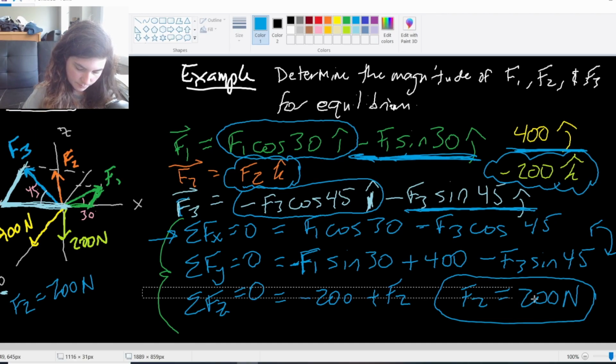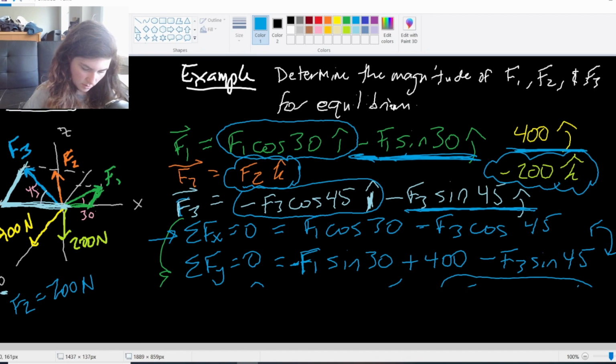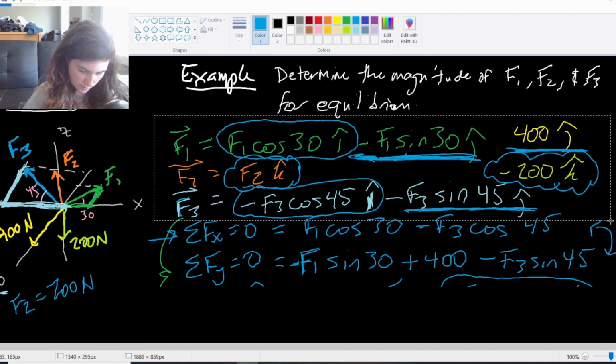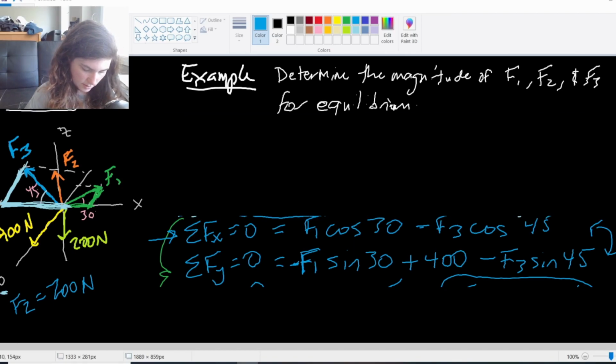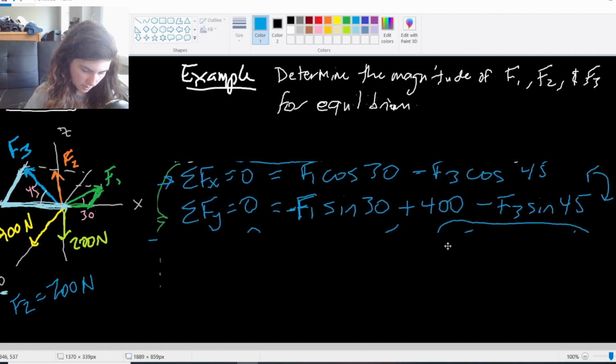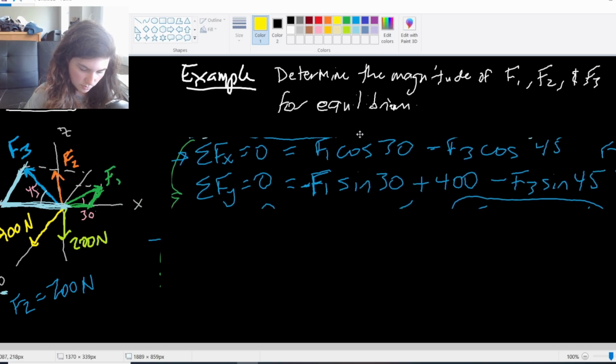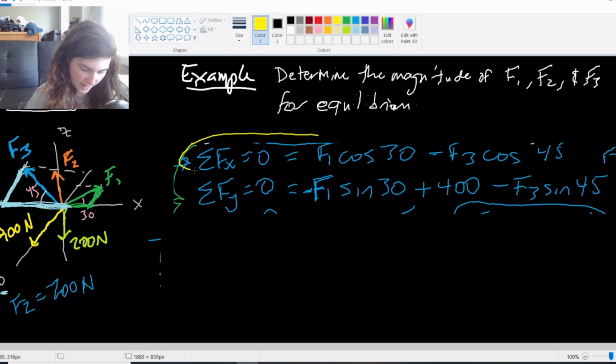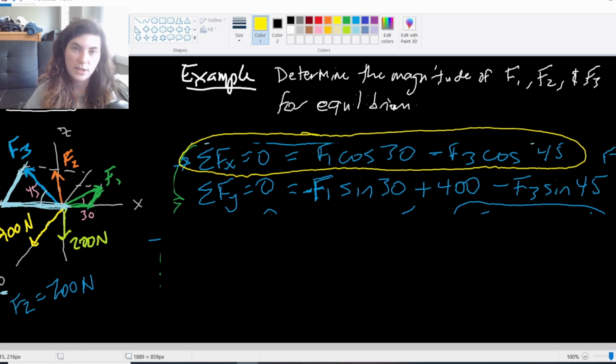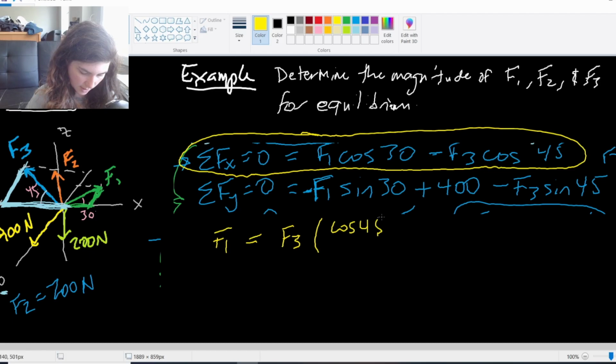Let me make some more room here. Okay, because these are the equations that we need. So I'm going to use my Fx equation to get a relationship between F1 and F3. So from that, F1 equals F3 times cosine 45 over cosine 30.